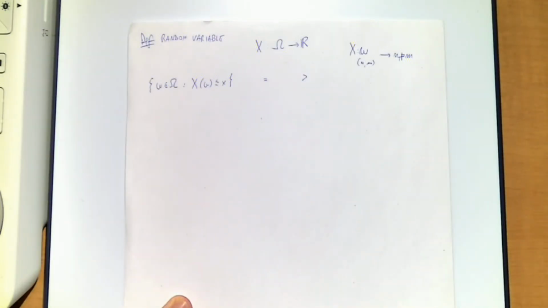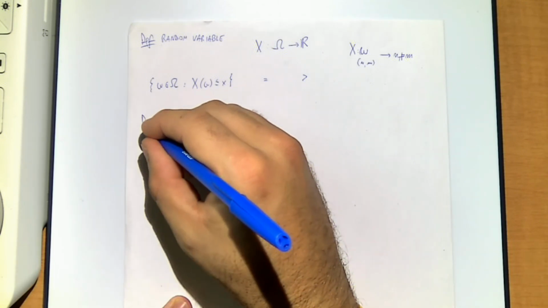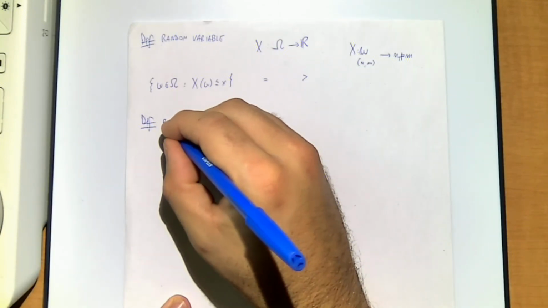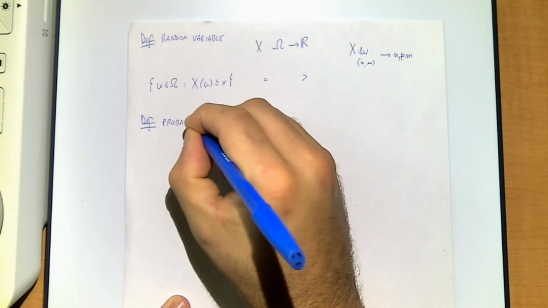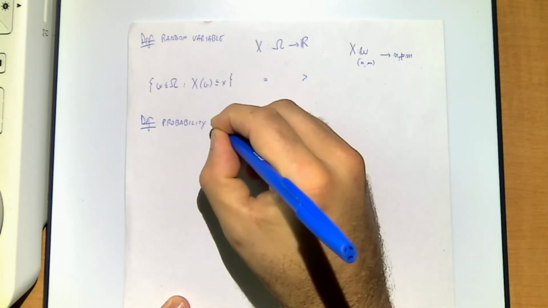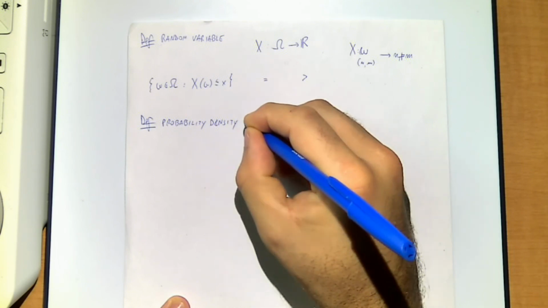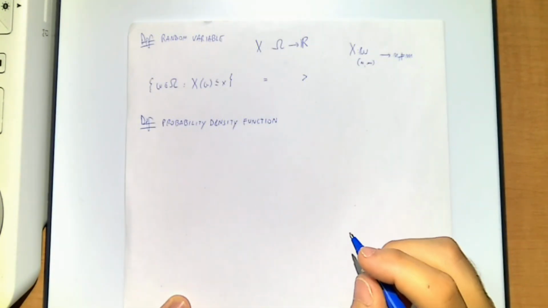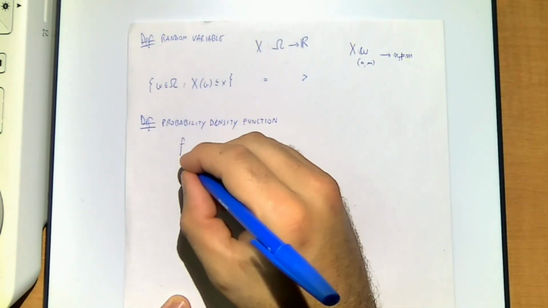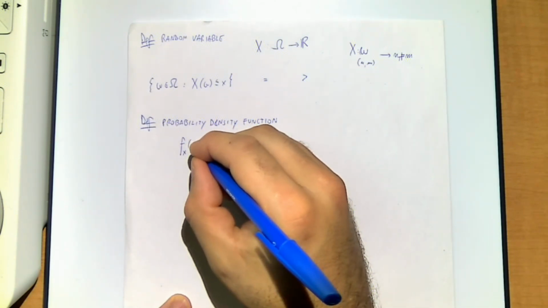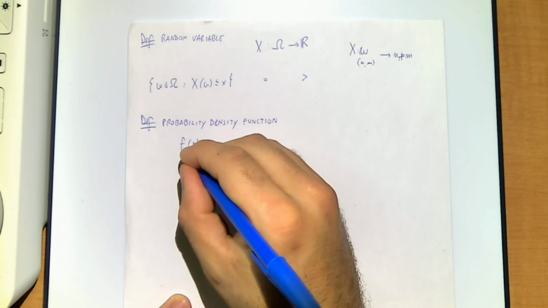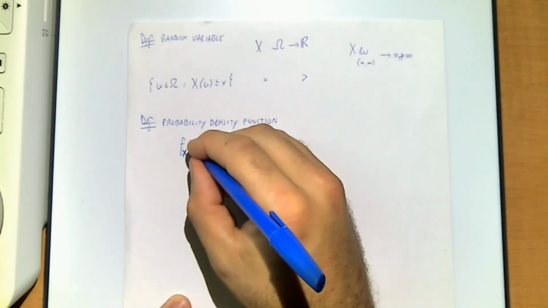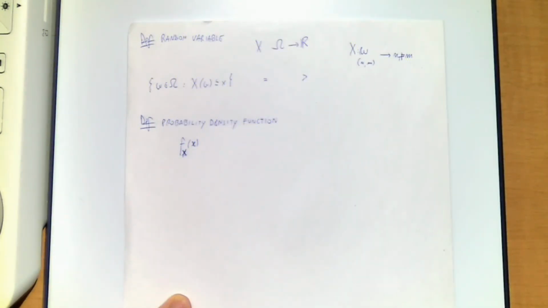Okay. So once we fix that, and we'll see examples, now we want to understand the probability of these events, right? And so we introduce what is called the probability density function. And density is the keyword here, and we call this f_X(x). This X is your capital X, the random variable. This is your element, okay?